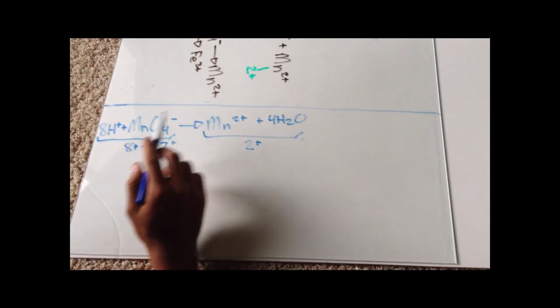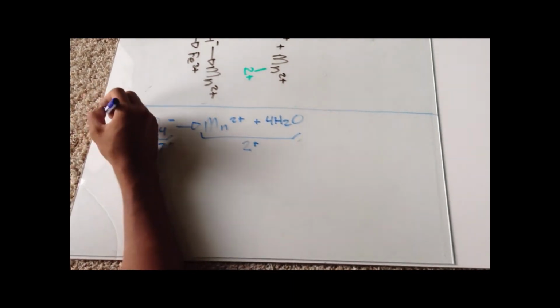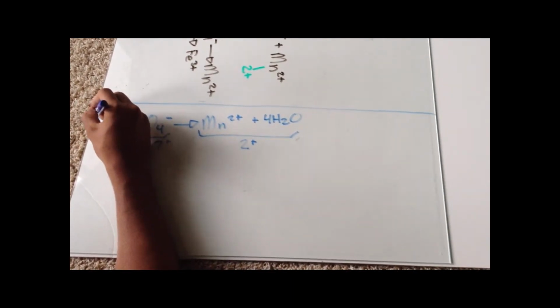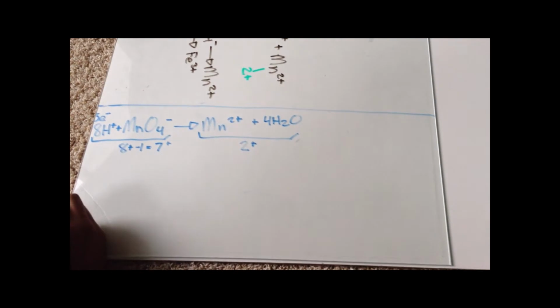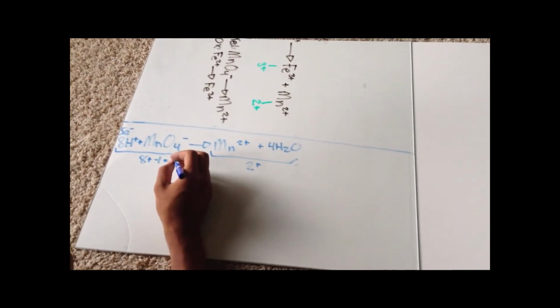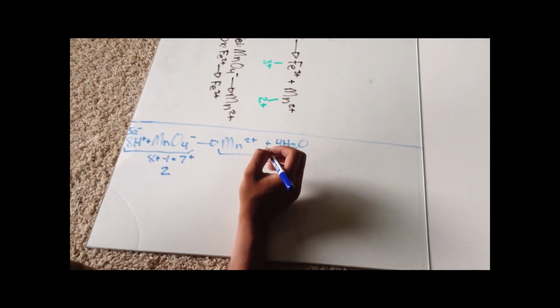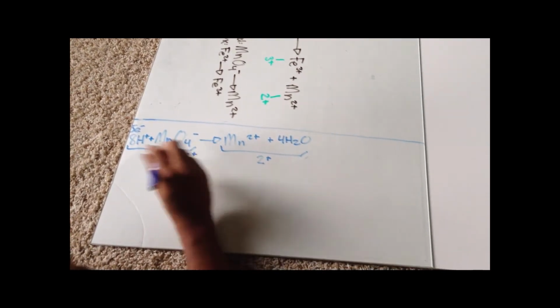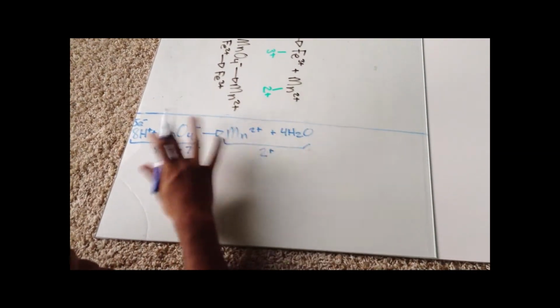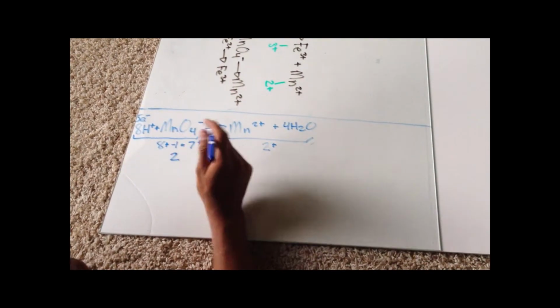So you would have to add 5 electrons on this side. Okay, so 7 minus 5 would get you the 2. So now that they're even, you would rewrite this, of course, because this looks all messy.